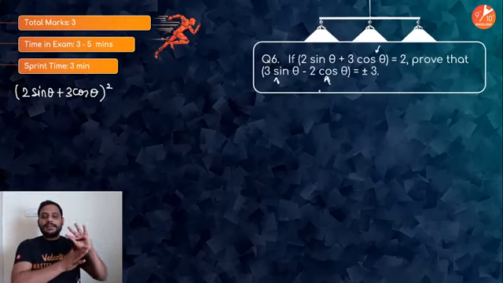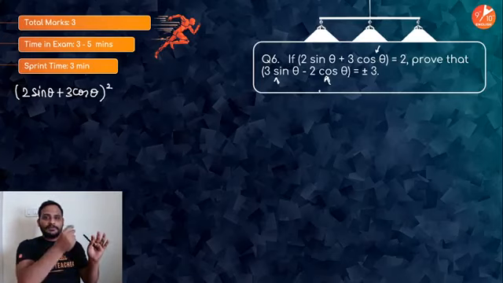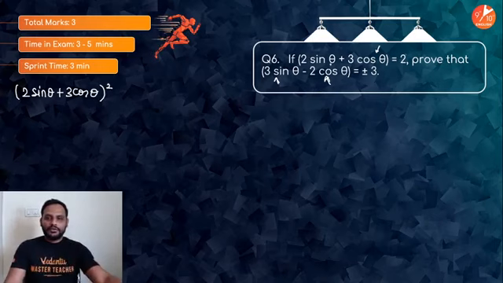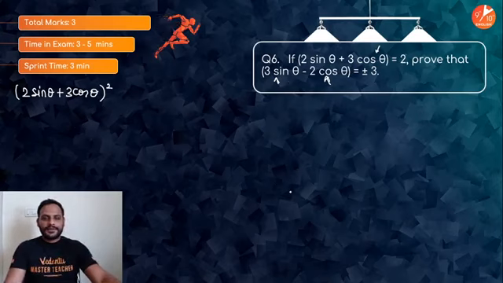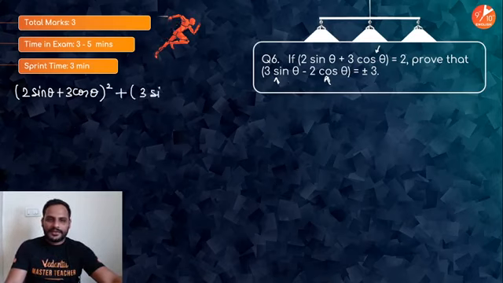Again 9 I can take common, sin square theta plus cos square theta will be 1. And here I will do 2 into 2 sin theta into 3 cos theta. Here I will get 2 into 3 sin theta into 2 cos theta, but that will be negative because it is a minus b. So I thought, sir, if I add the squares of both, I might get some benefit. So this is the logic, we are adding these two.